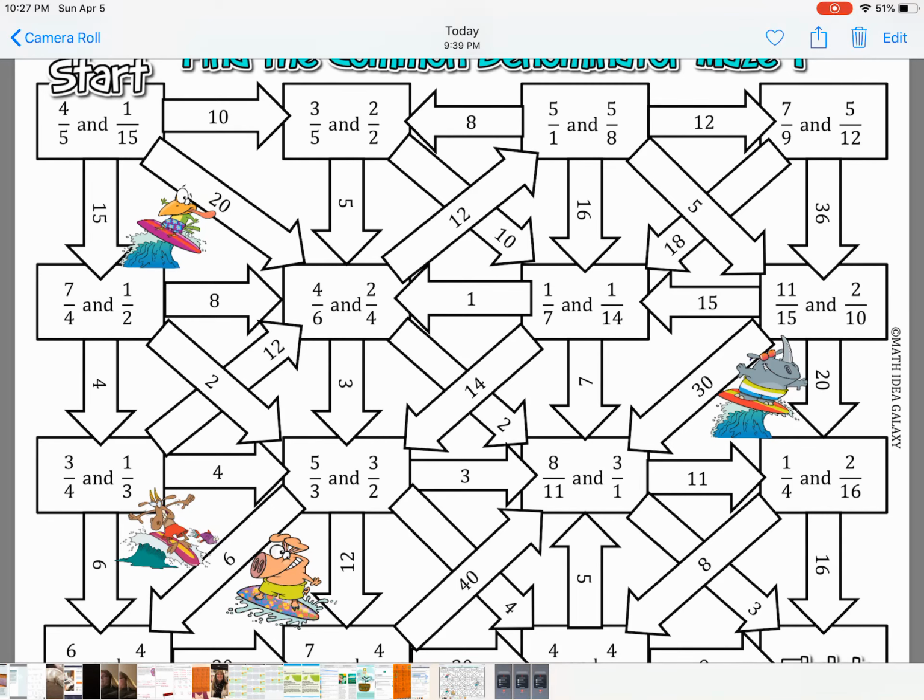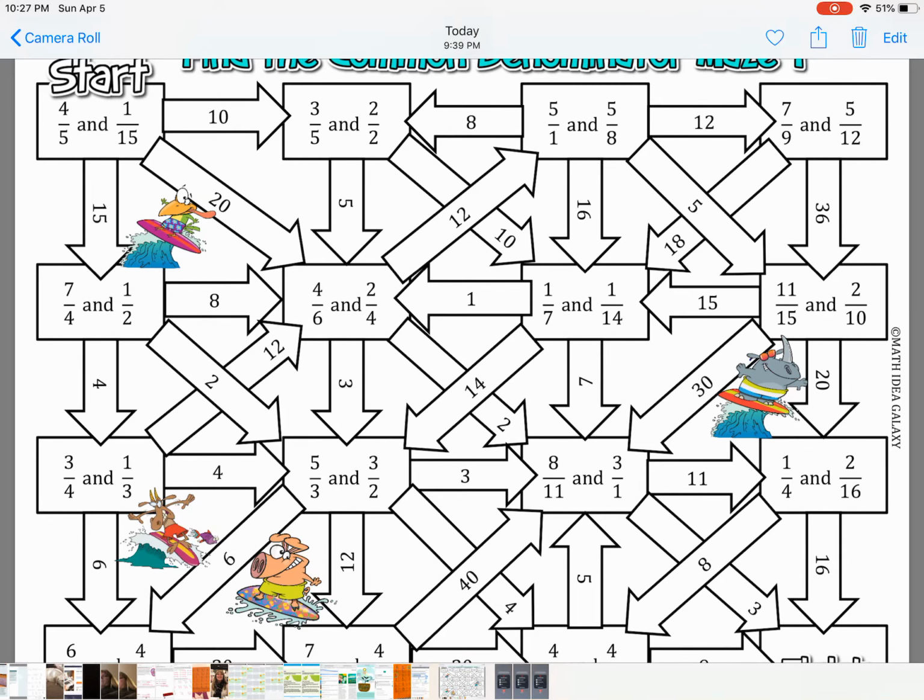So if you're going to choose to do this, I'm going to look at the start. And the first fraction I have is 4/5 and 1/15. So I need to look at the denominators, and I need to think, what would be the common denominator for 5 and 15? My options are 10, 20, or 15.